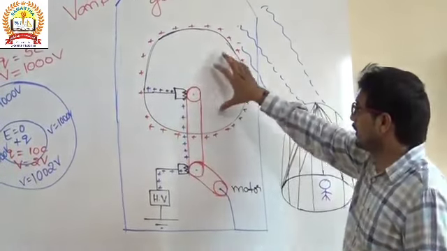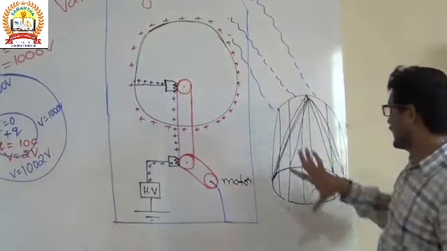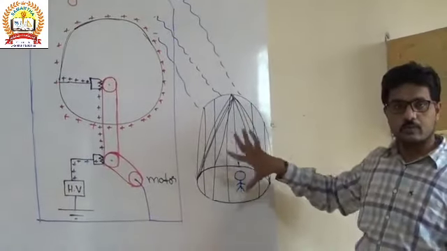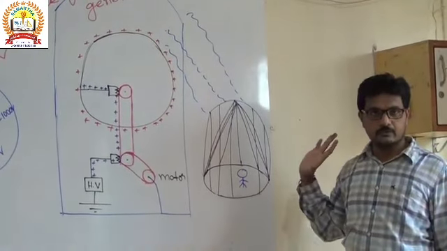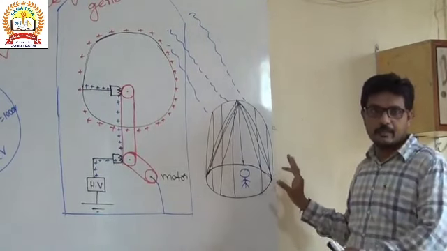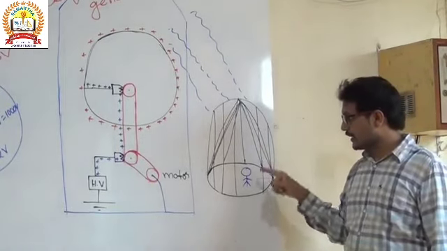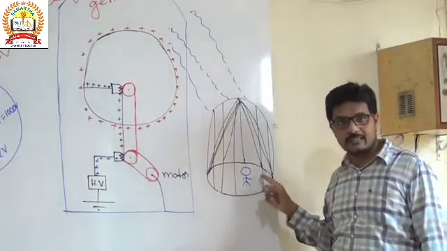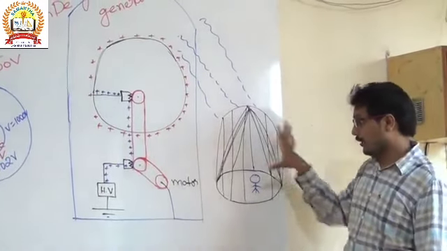When the sparks are passing, here we have something like a bone. We are taking one bone, and inside the bone a person is sitting. This is a simple diagram I have drawn to understand the Van de Graaff generator and why the person is sitting inside the bone. It is like a metal bone.